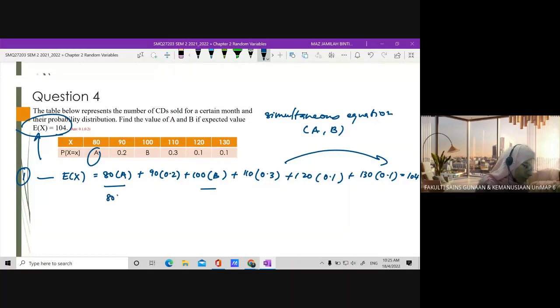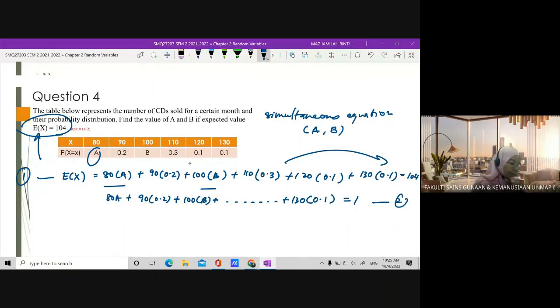So you get 80A plus 90 0.2 plus 100B plus until 130 0.1 is equal to 1. So this one is your second equation. Simplify until you get A here plus B here, and then you got the coefficient is equal to 100 and something. Is something here because you need to deduct with this.